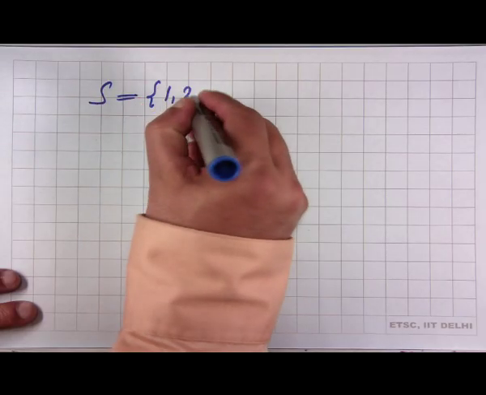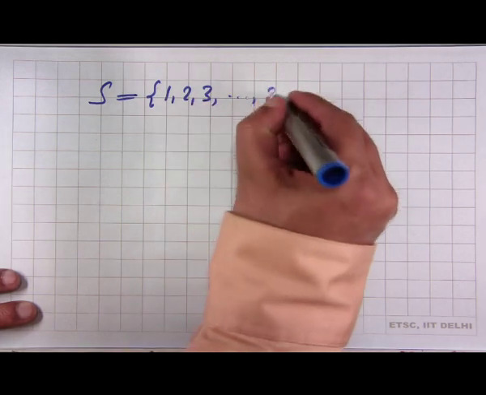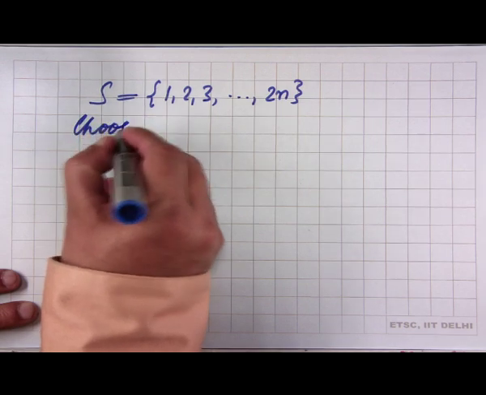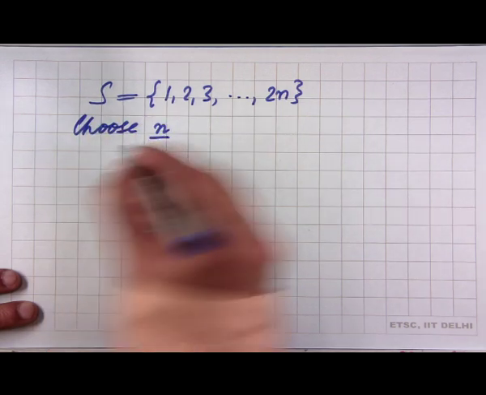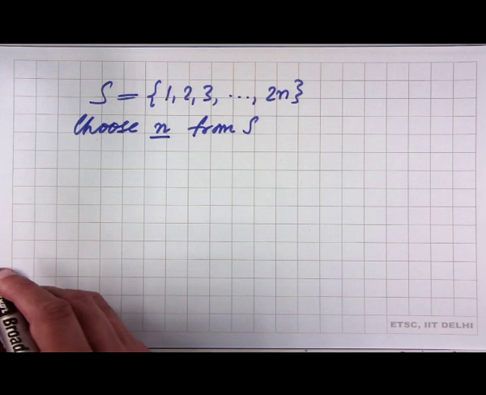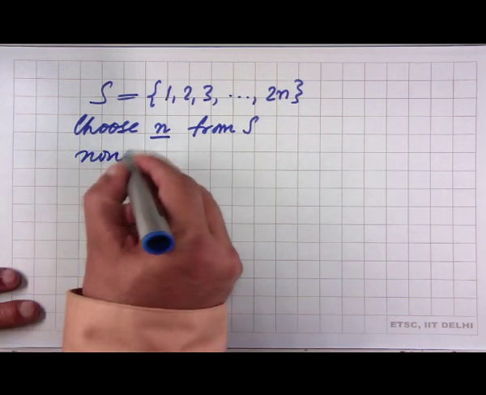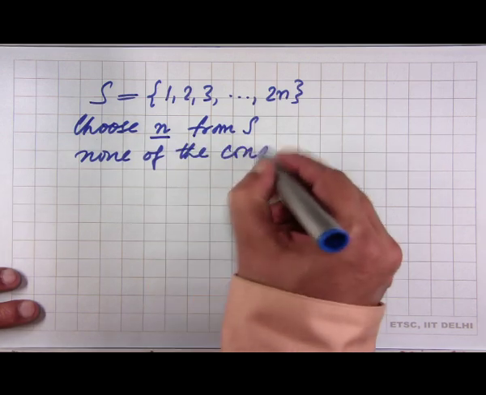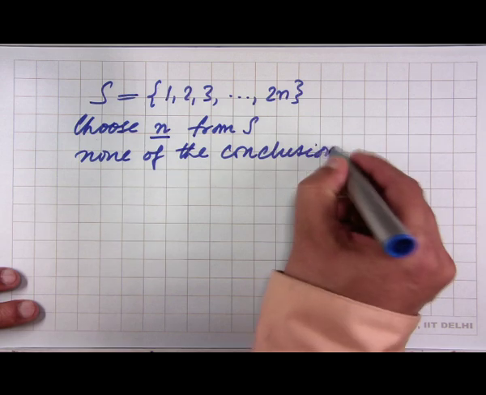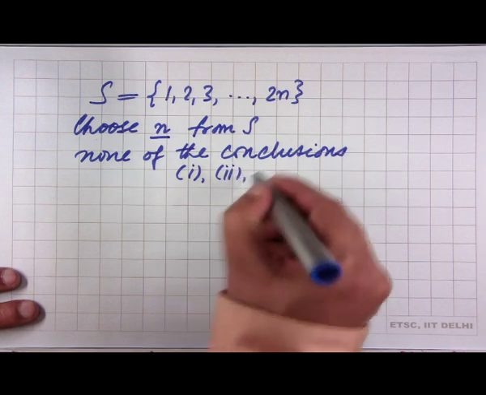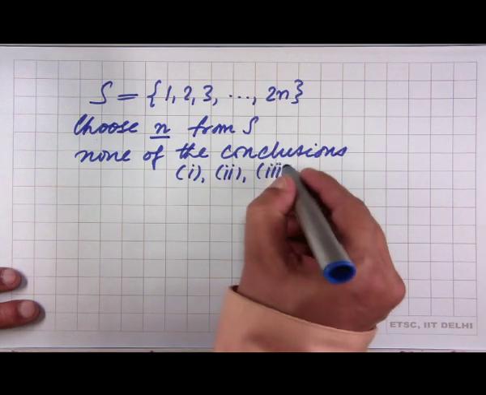So I have my S again, 1 through to 2n. And this time I choose only n from this set. And I want to show that none of the conclusions 1, 2, 3 hold.